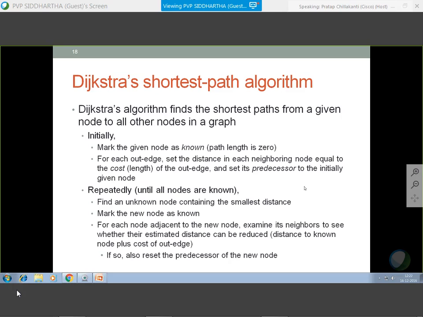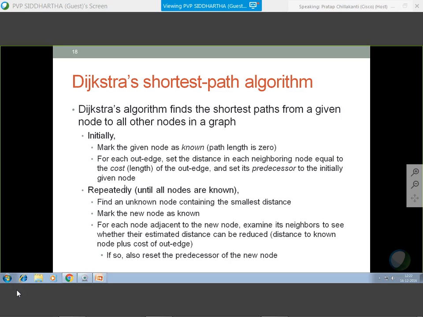You are starting with marking a given node as known, meaning path length is 0. Then the second bullet is important, right? You are setting the distance in each neighboring node equal to the cost of the out edge, meaning you are marking the edge. If the out edge cost is say 6, you are keeping track of that.